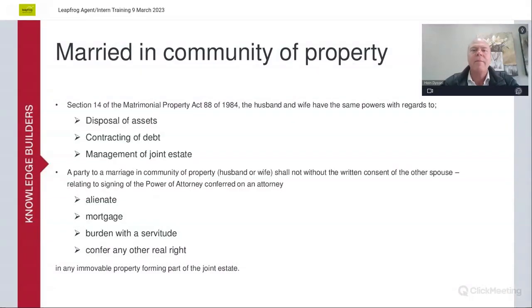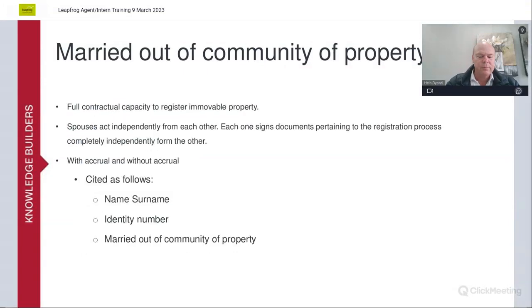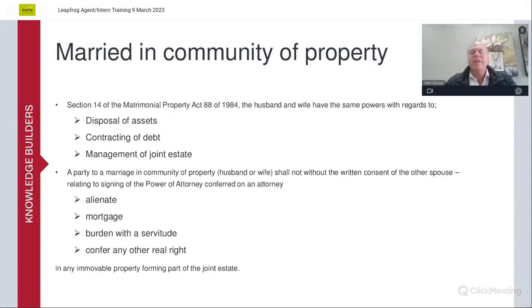Then your spouse must countersign those documents, or you cannot take out a mortgage bond over that property because your spouse will have to consent to the bond being taken out. And you can't take out or register a servitude or any other real right, a usufruct or anything like that, over immovable property without the consent of your spouse. So that is important for in community of property.